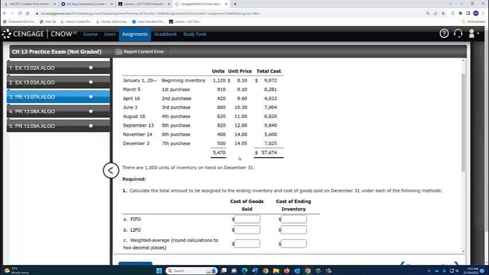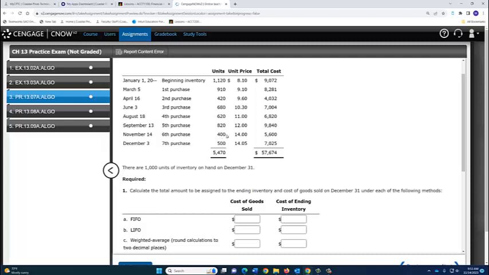So we're going to start at the bottom to count our ending inventory because all the others have been sold. So we know we have 500 that cost $14.05, so that total is $7,025. And if we add 400 to that, that'll give us 900.